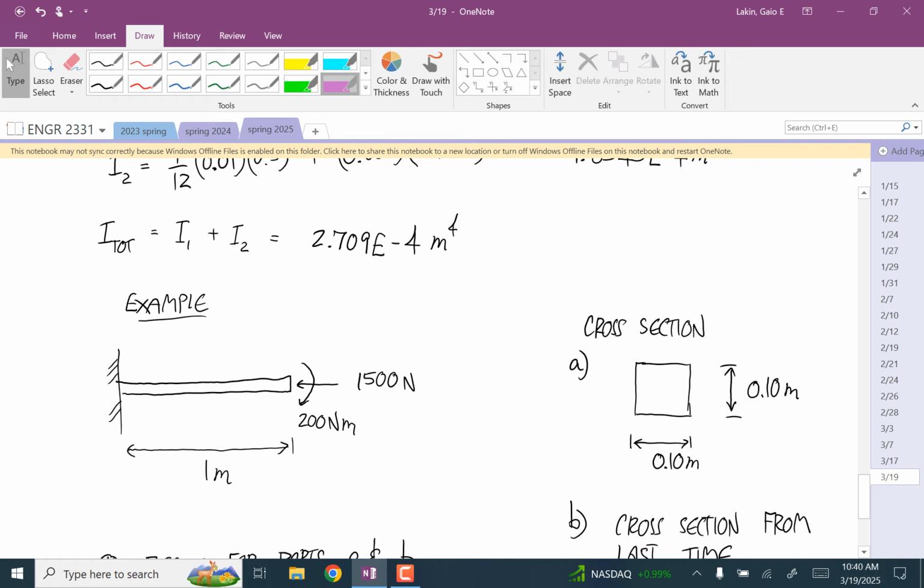But the problem is, if I did that, we'd have non-zero shear forces the whole way. And we don't know how to calculate stresses due to shear force yet. So this way, all we're going to have is internal tension, compression, and internal bending moment. And so we can calculate the full stress tensor. Okay? Are you with me on that?